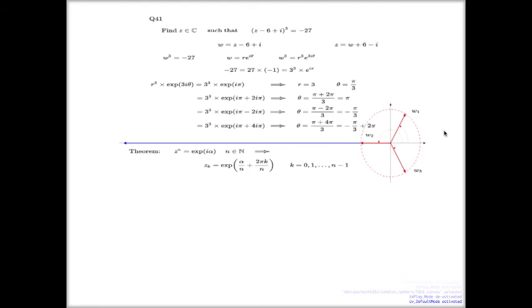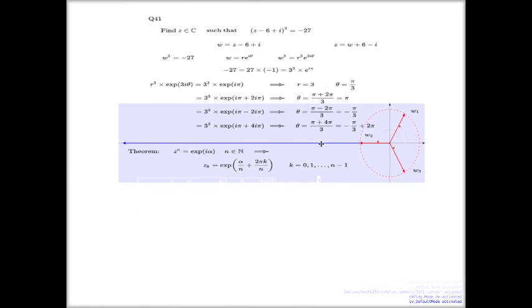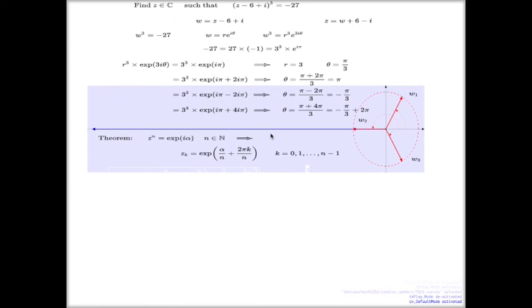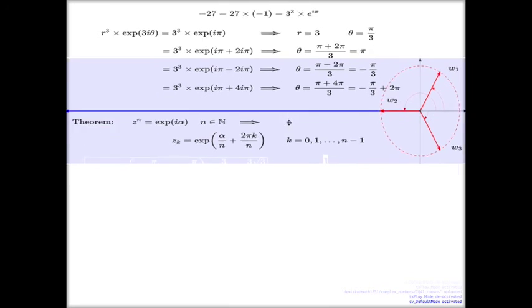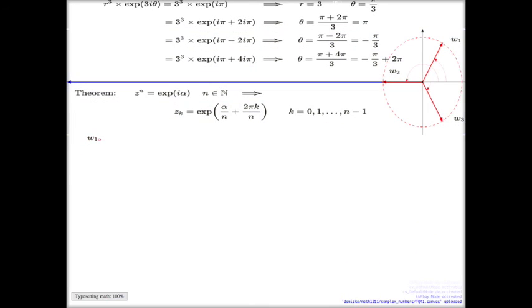Well, the original question requires now to convert W back to Z's by introducing this extra 6i term. Yes, and I did this. Look at this. So my W1, that's the one which corresponds to the angle pi over 3.